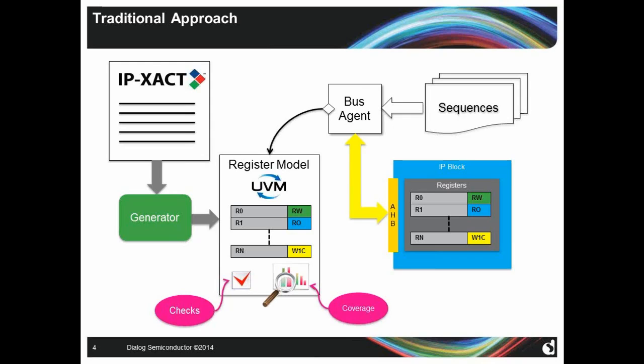But the point to note on this slide is that to make this work, we have to put in effort to write some register sequences to test our expectation of what's in the register model. We have to hook it up to a bus agent, which monitors the traffic going over the bus, and hook it into a predictor. Although we've semi-automated the process of constructing our UVM environments, there is some manual work involved in this.